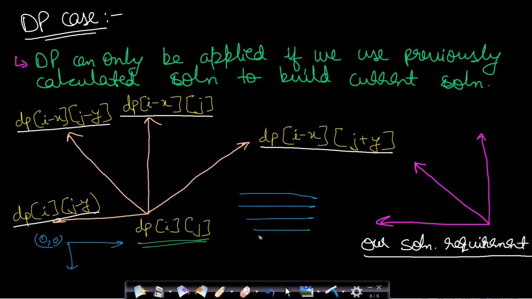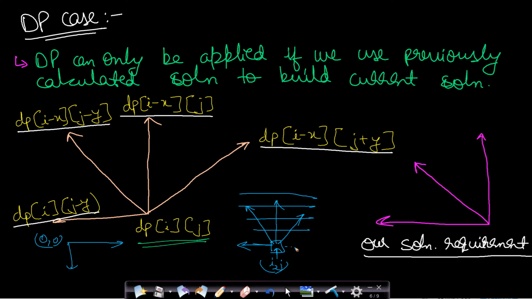Okay, so what all values will be available if you are at a given point i comma j? Let's say this is i comma j, then what all values will be available? These top values will be available, these left hand side values will be available, these diagonally top left values will be available, and also diagonally top right values will be available. So why did I say diagonally top right?